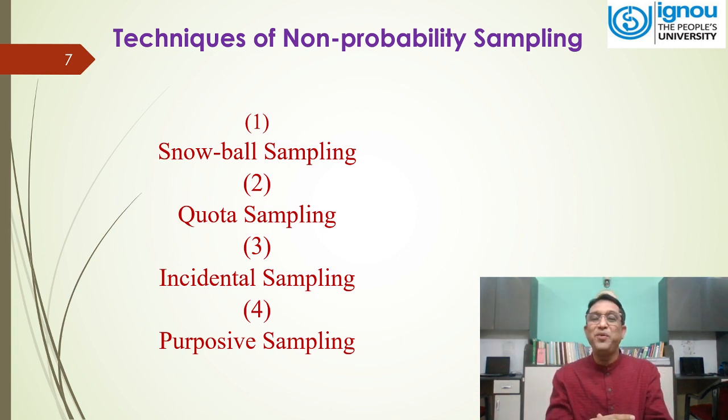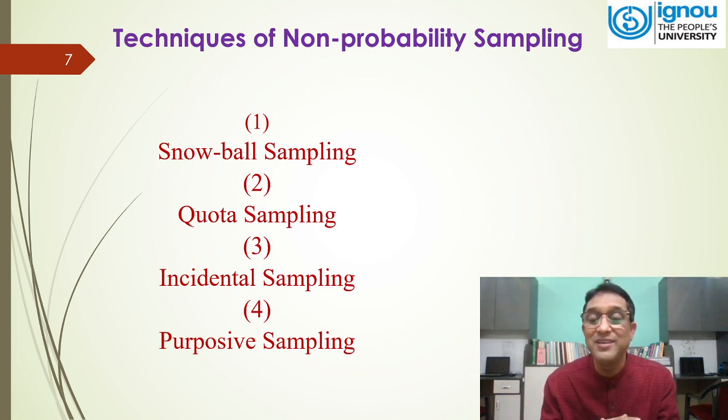So friends, before discussing the particular non-probability sampling techniques, let me say certain important things. When you are selecting a probability sample and when you are selecting a non-probability sample, what type of result will you get? Here your research problem will determine the sample. I have already discussed the characteristics of a population: it may be finite, it may be infinite, it may be abstract, it may be concrete.